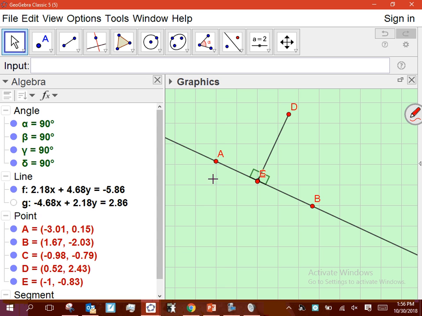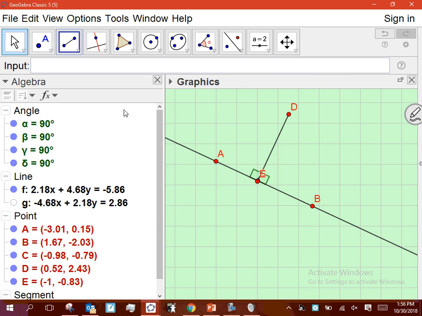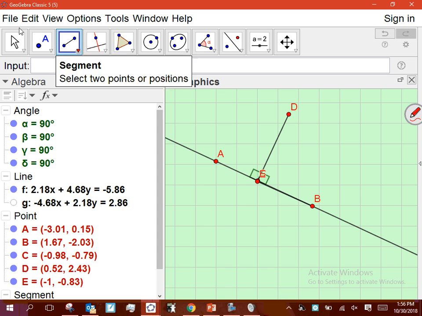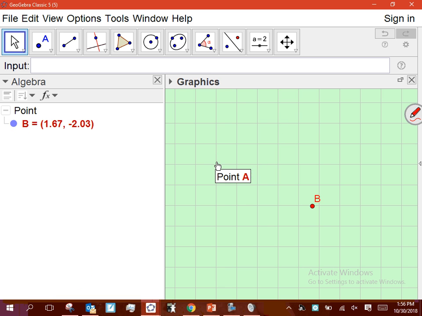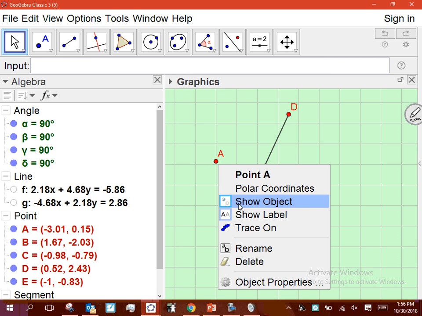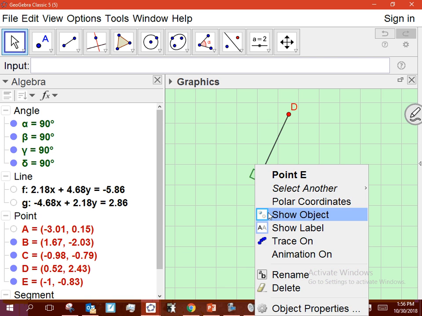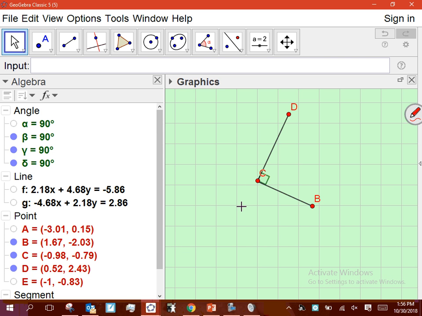But at the same time, we might only get something like that, okay? We might only get 1 right angle, just depending on what portions of the line we're using to intersect.